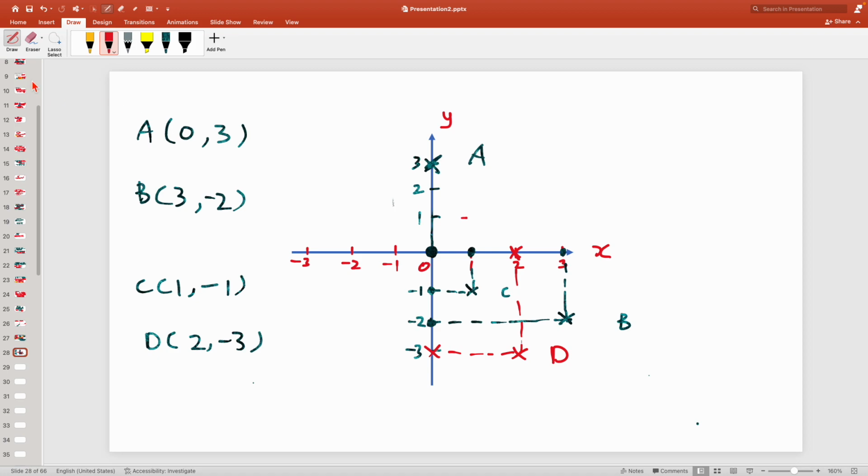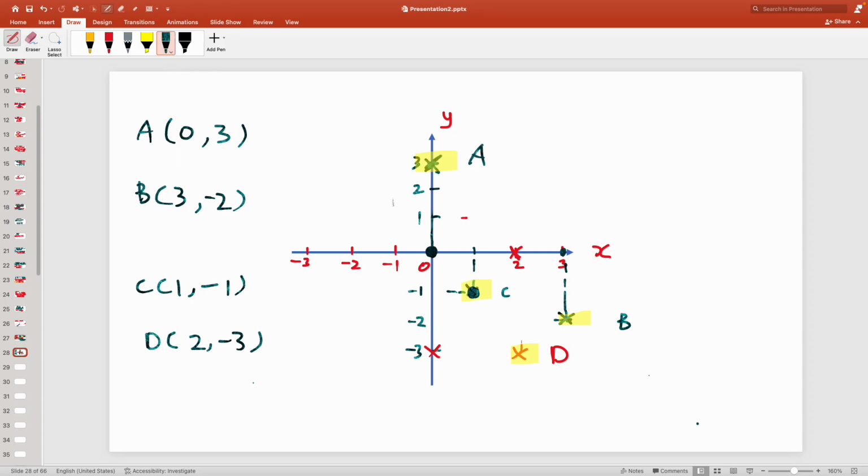Very good. This is 1, then this is point C. Point A, point C, point B, point D. Okay, so you know how to identify points.